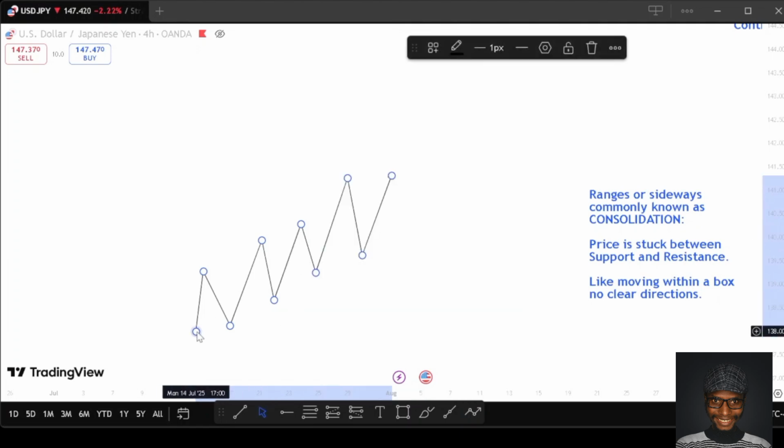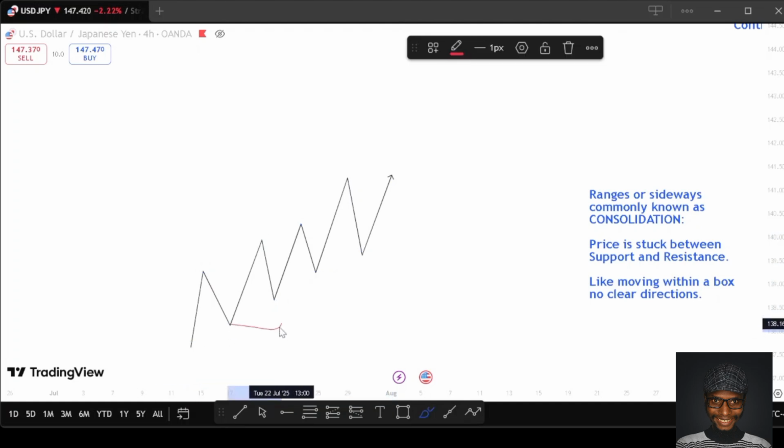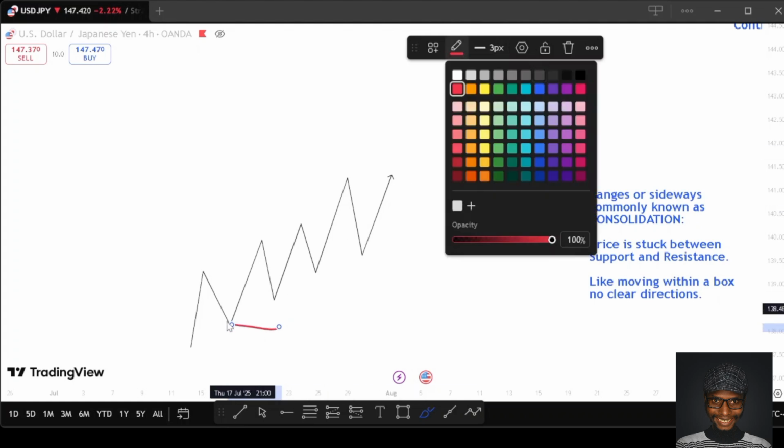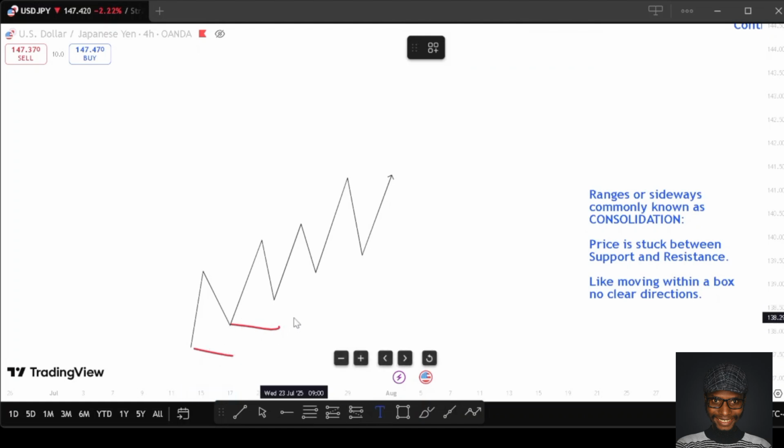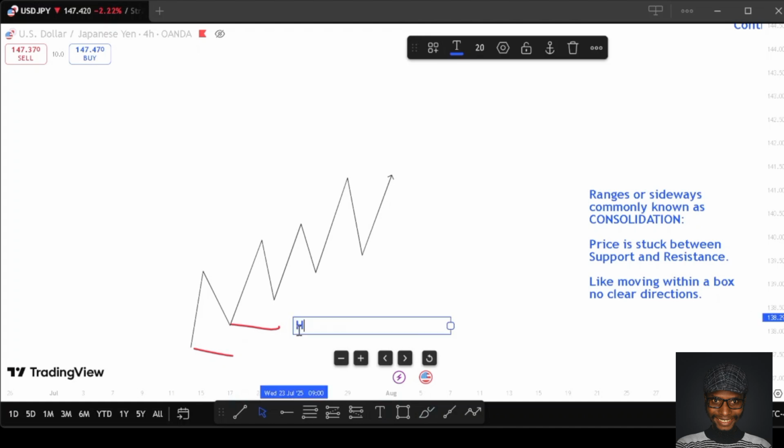It gave us first a low here, then a high, then another low. This low is higher than this one. You remember what we said: higher low.